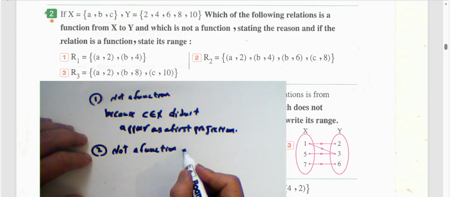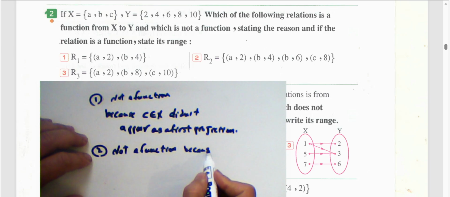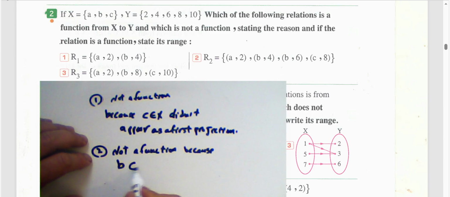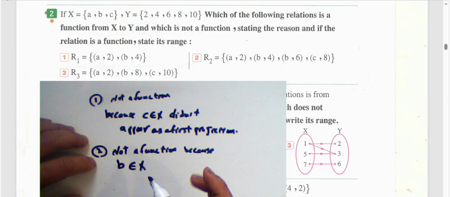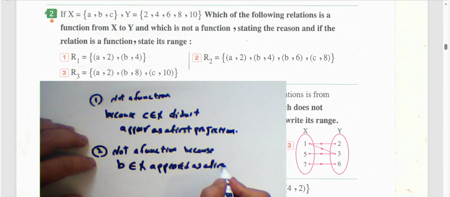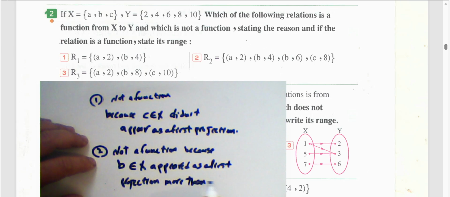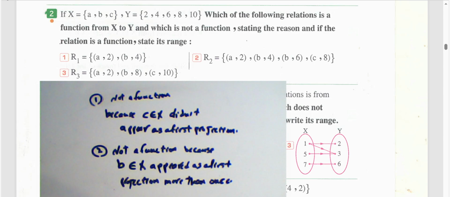Because element B, which belongs to X, appeared as a first projection more than once. Okay, more than once. That's number 2.